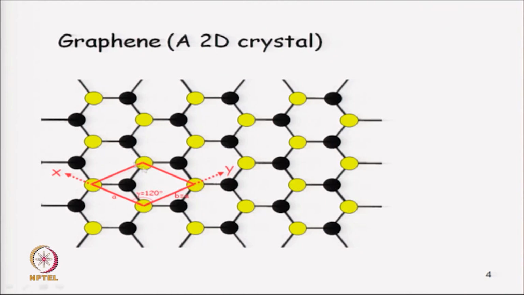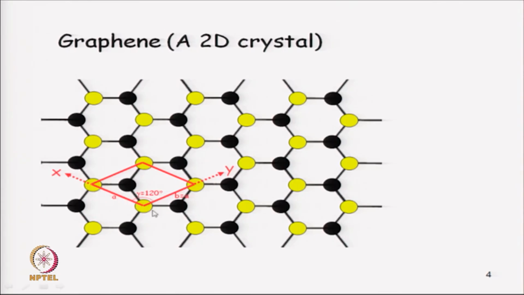In describing the structure of graphene, and later on we will see in carbon nanotubes also, many authors actually select their origin at the 60-degree angle, and will take these two as their x and y axes. So, in their case the angle between x and y axis will be 60 degree, but the general crystallographic convention is to take the obtuse angle as the angle included between the axes.